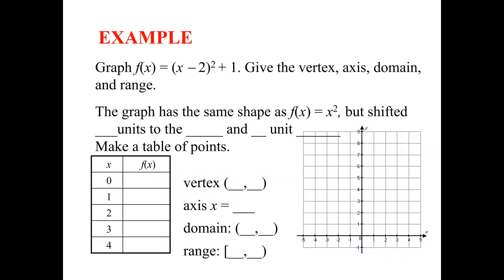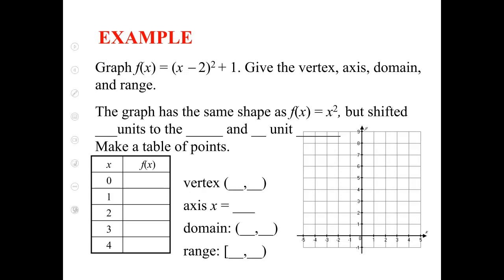So if we take it and we combine it all into one, now we have 2 transformations. I've got a negative 2 and I've got a plus 1. Okay? So I've got a horizontal change and I've got a vertical change. My horizontal change, I'm going to go which direction? Right 2 units. And then my vertical change, I'm going to go up 1 unit. Okay?